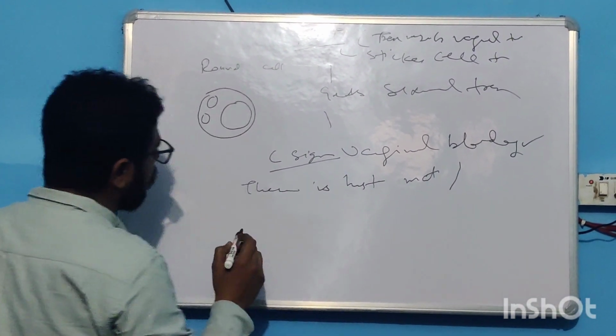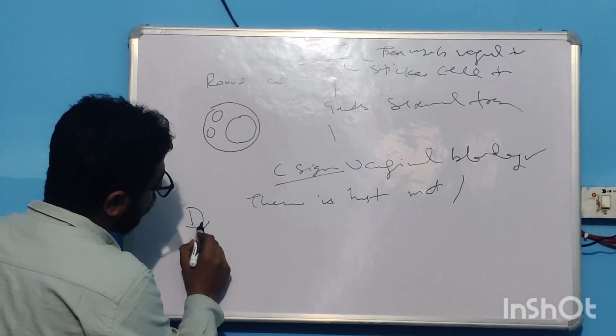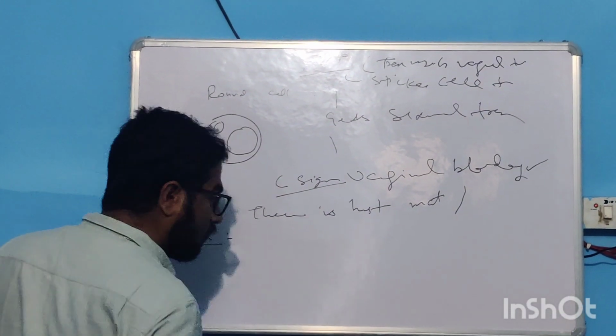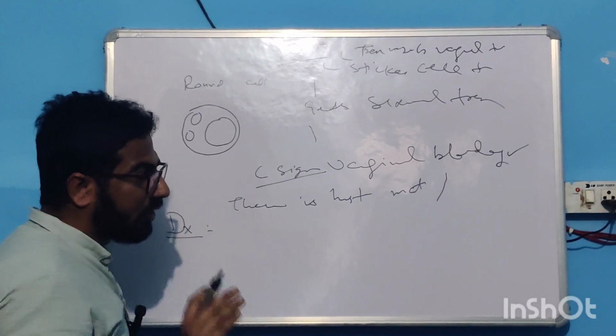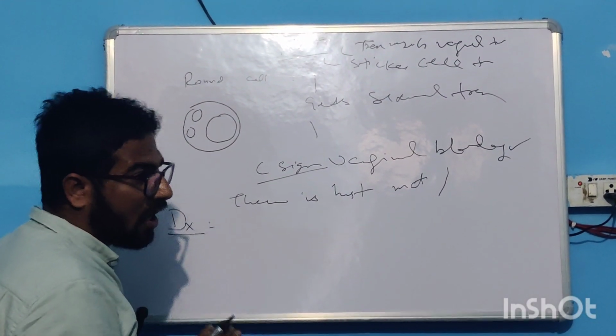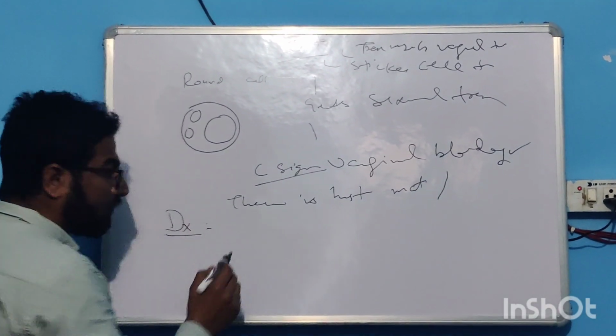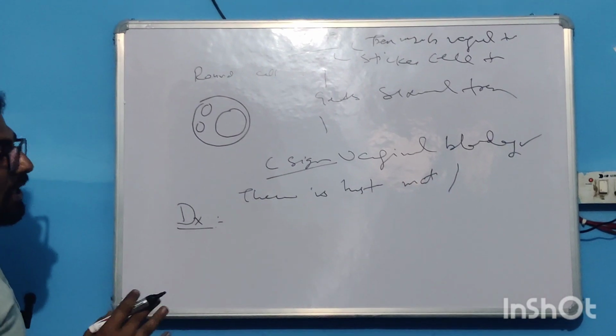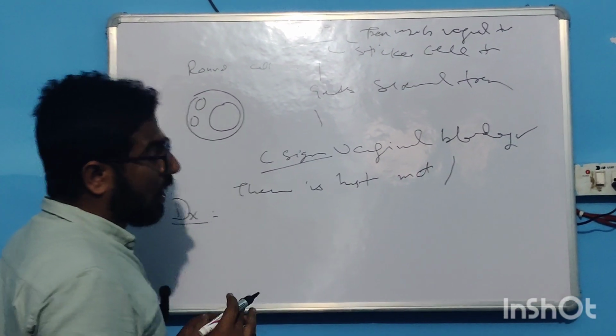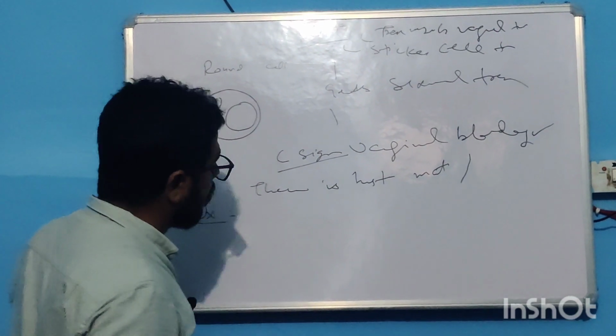If we talk about diagnosis, diagnosis is very important. Until and unless you confirm this tumor, you should not start treatment, because as you already know, there are chemotherapeutic agents which have adverse effects on the animal body.